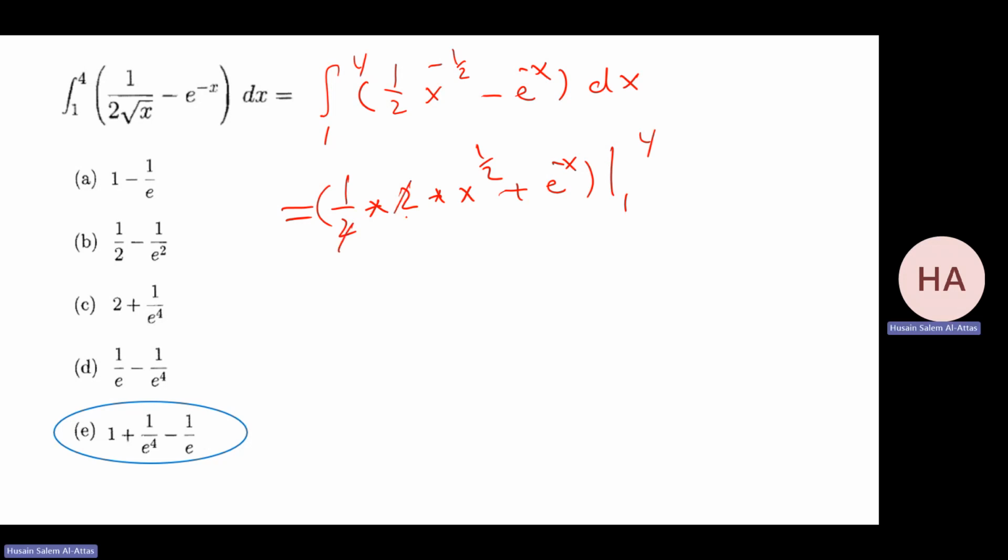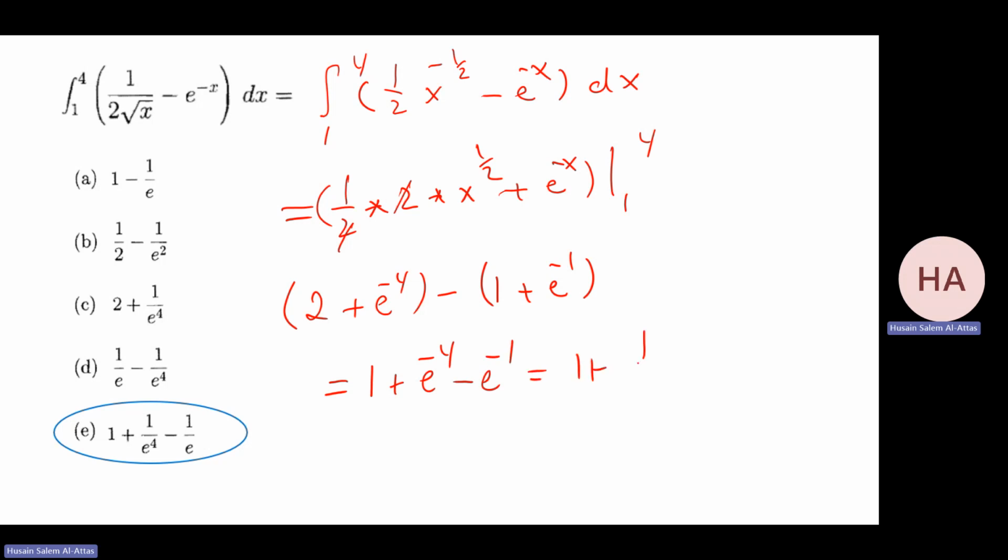These cancelled. So I have 2 times 2, minus 4 minus 1 plus is minus 1. So that gives me 1 plus is minus 4 minus is minus 1. In other words, 1 over e to the power 4 minus 1 over e, which is this.